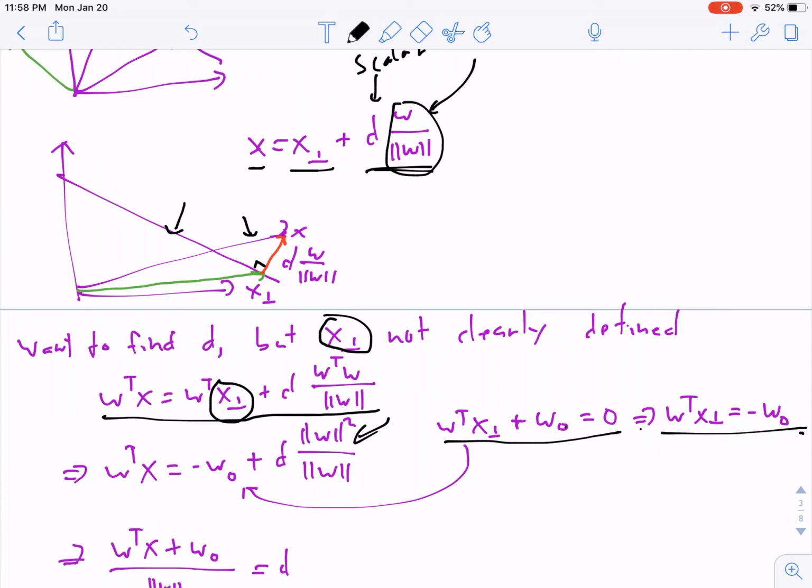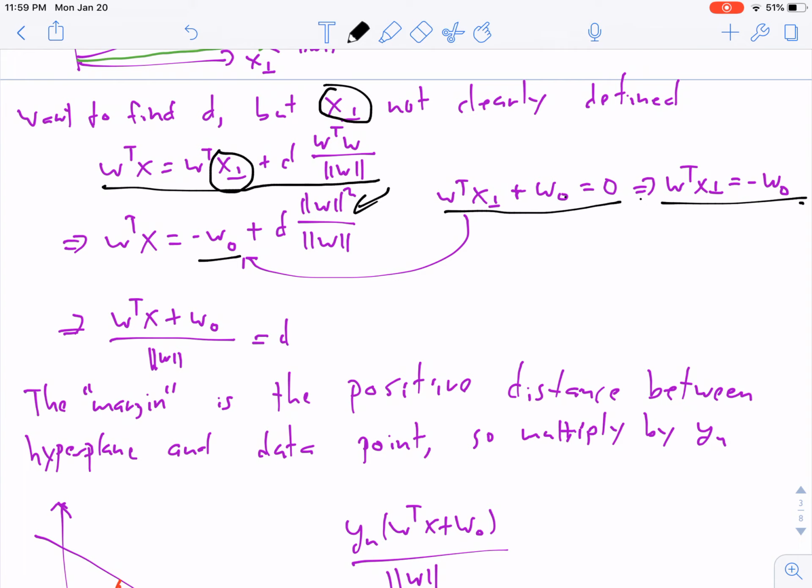So we write that back in here, and then solving for d, we get w transpose x plus w naught over the norm of w equals d. So that gives us, for any x, the distance between the hyperplane and the data point that we're considering, x.